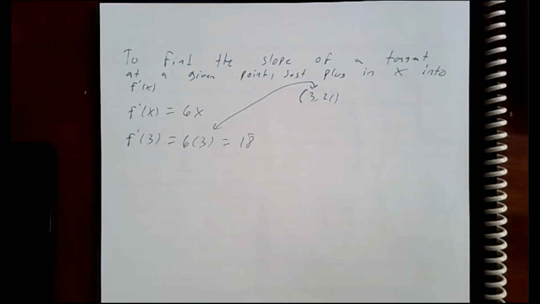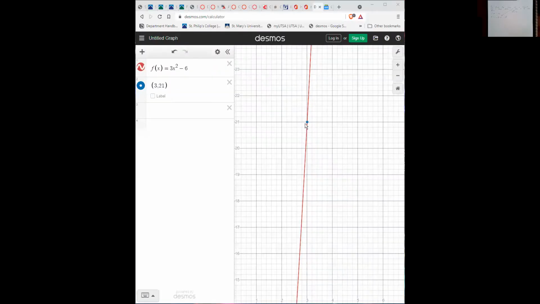Yeah, so we get back to that graph, right? So the slope of the line tangent to this point is 18. So we need that location, the 3.